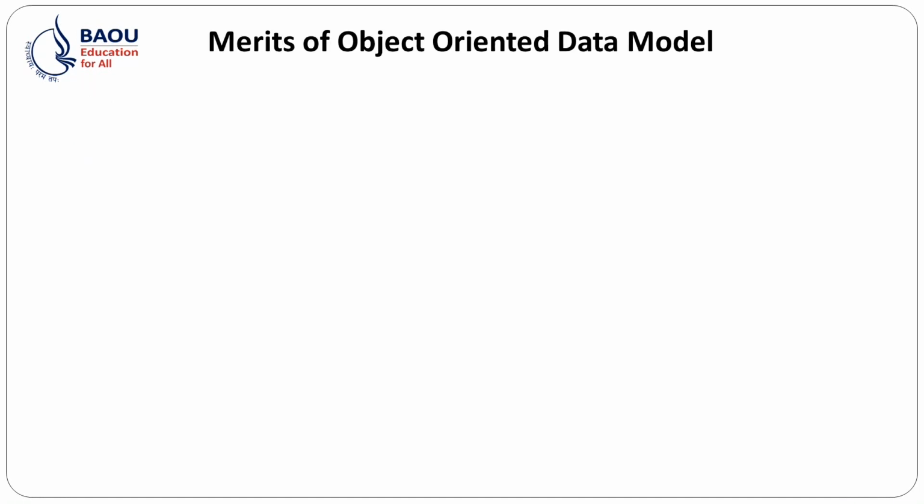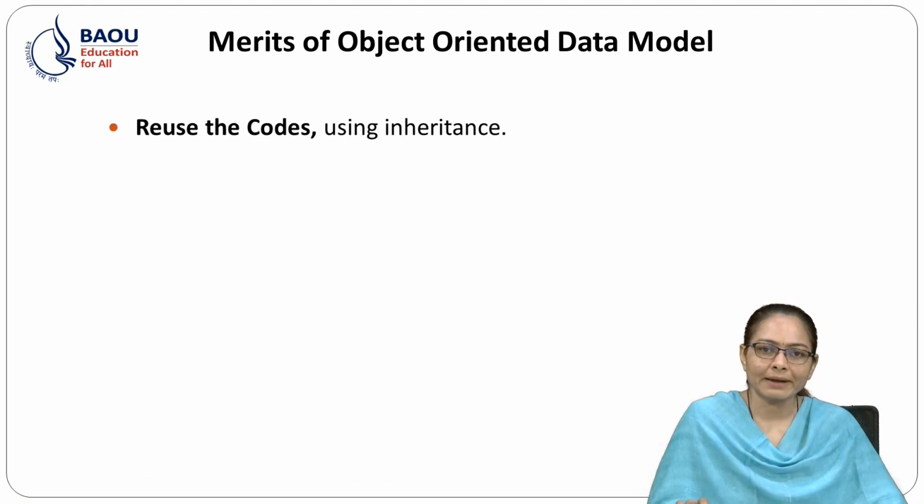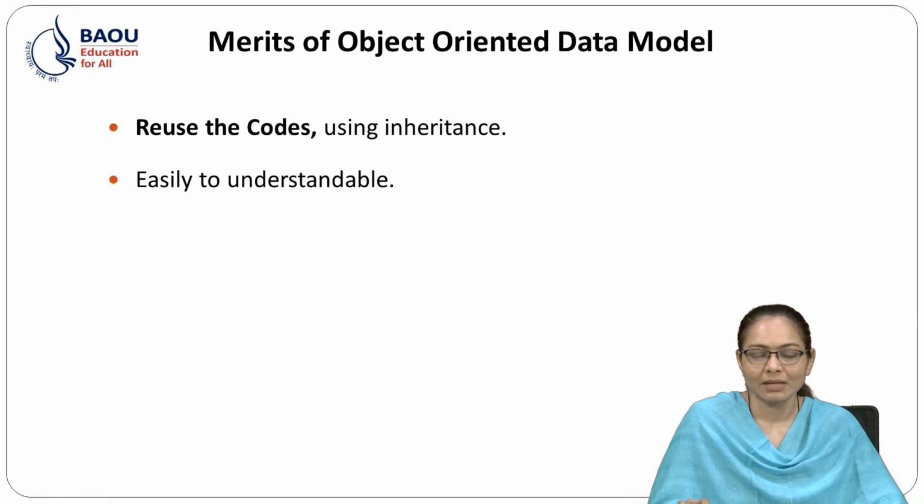Now, the merits of the object oriented data model. Which are the merits? Reuse the code using inheritance. Using inheritance, you can use the base class attributes and methods in the derived class. No need to describe the base class attributes and methods in a derived class. It is easy to reuse, easy to understand also.